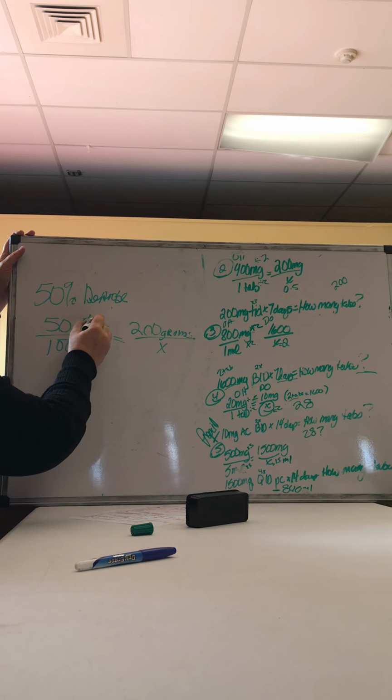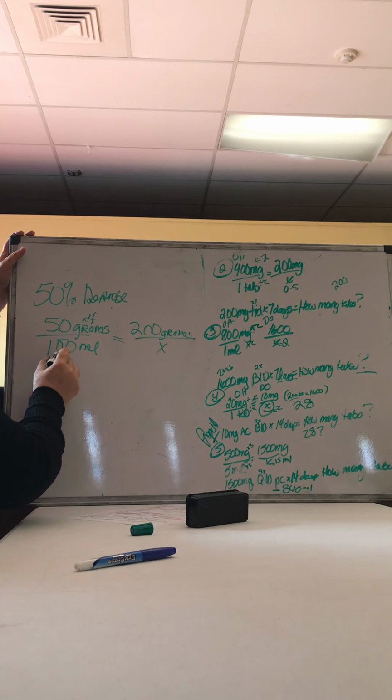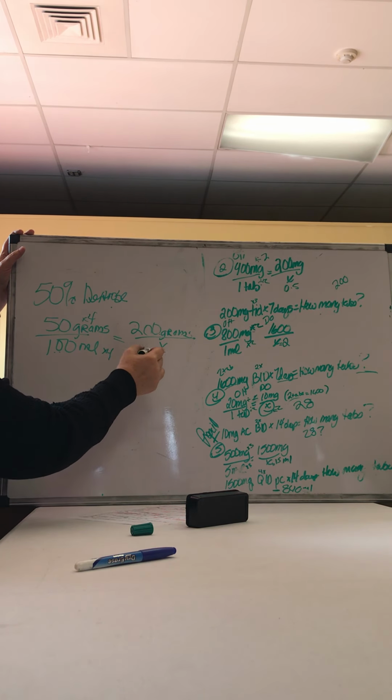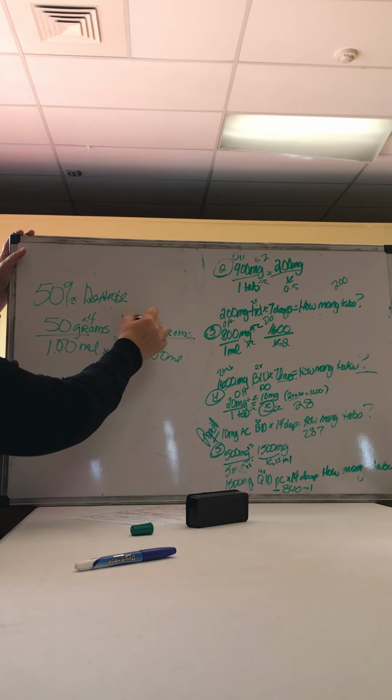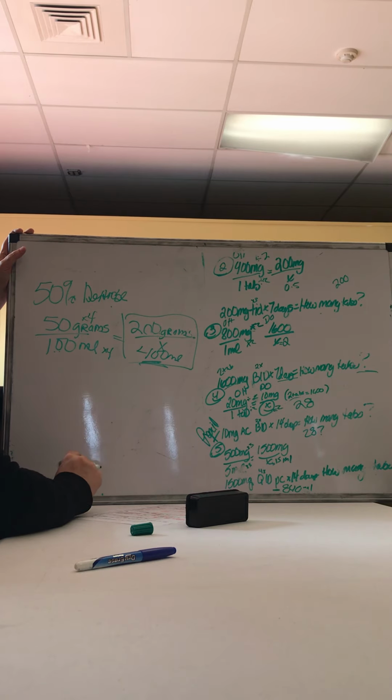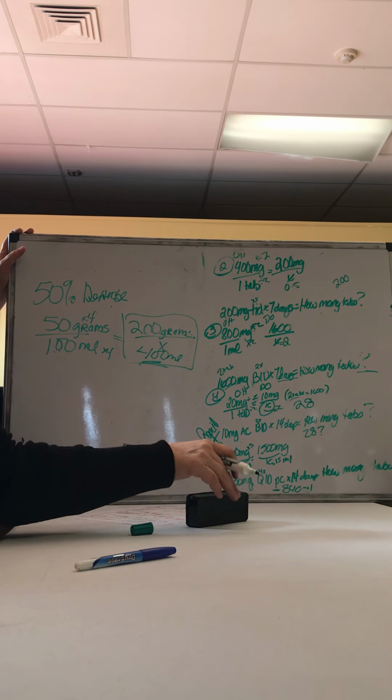So that's 50 times 4 gives you 200. So we also got to do that to your bottom number, 100 times 4. And that gives you your bottom number. So what would your bottom number be? 400 ml. So that's what doctor wants, 400 milliliters.